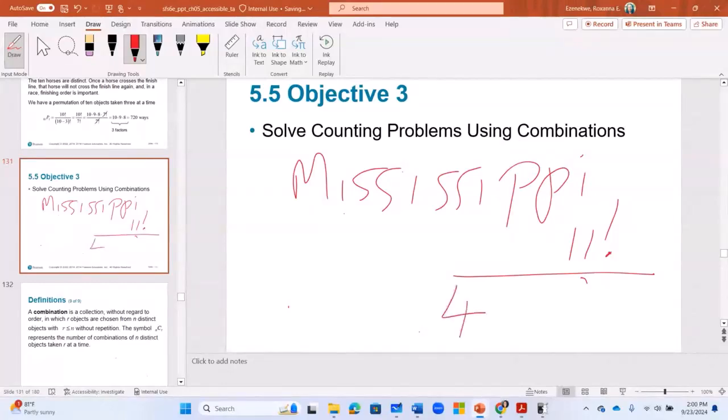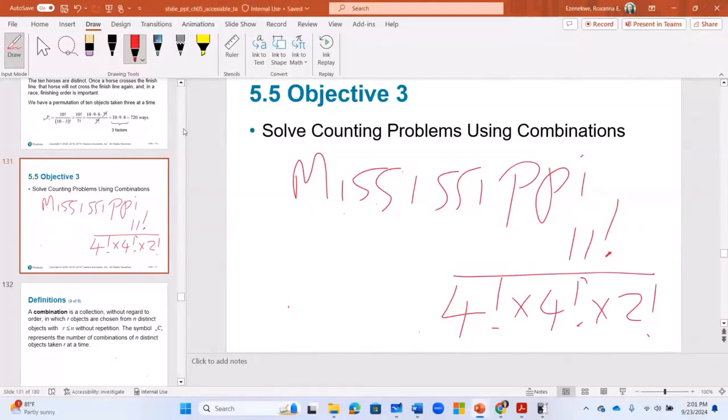I repeated 4 times: S repeated 4 times, I repeated 4 times, and P repeated 2 times. Therefore, if I evaluate this correctly, I need to use my calculator.